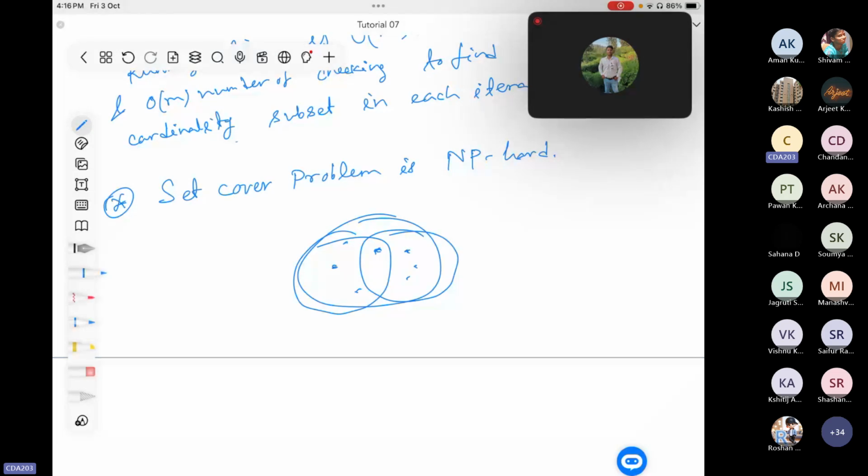For example, you can think of a company with different skilled workers, a set of workers, and you want to cover a certain task optimally using the minimum number of workers. This kind of problem can be dealt with set cover.